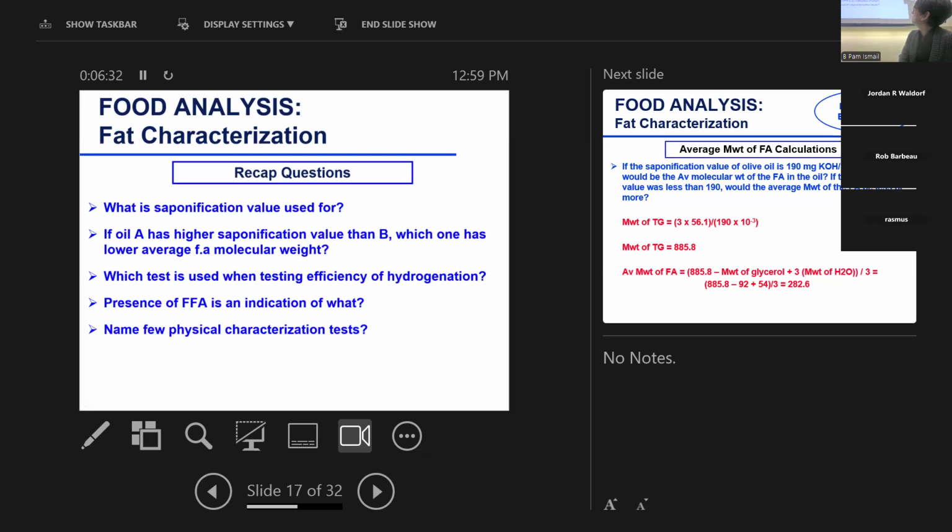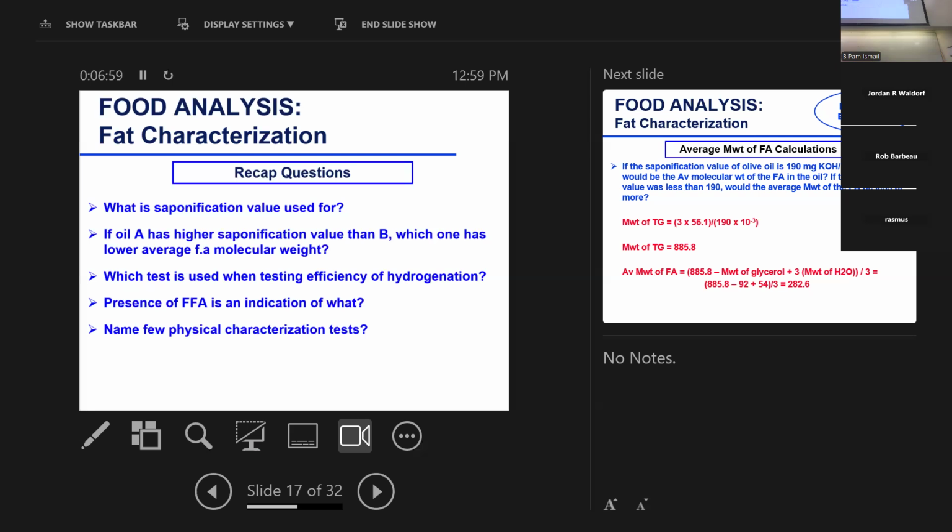Yes, Haley, that means we didn't do a good job refining, or we didn't refine, because refining of the oil is getting rid of free fatty acid. You'll see in lab when we do extra virgin olive oil versus refined olive oil. In the extra virgin olive oil, you have higher percentage of free fatty acid. That's one thing. What else?